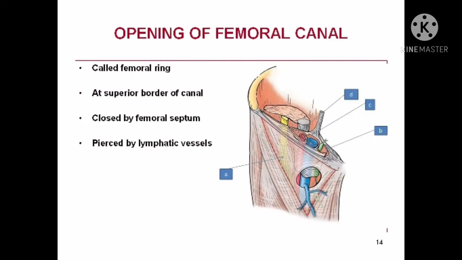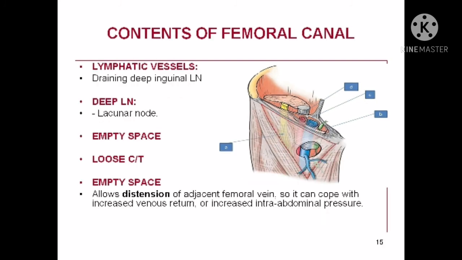The opening of the femoral canal is called the femoral ring. It is present at the superior border of the canal. It is closed by the femoral septum and it is pierced by lymphatic vessels. The contents of the femoral canal: the lymphatic vessels, draining the deep inguinal lymph nodes, which are called the lacunar lymph nodes.